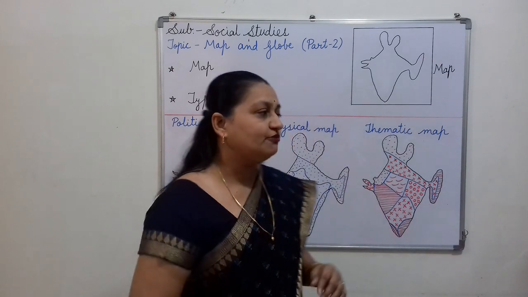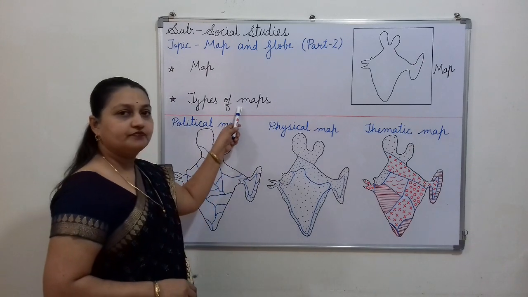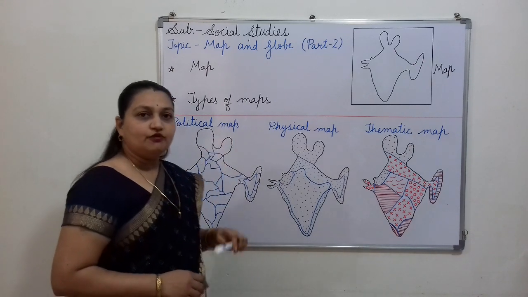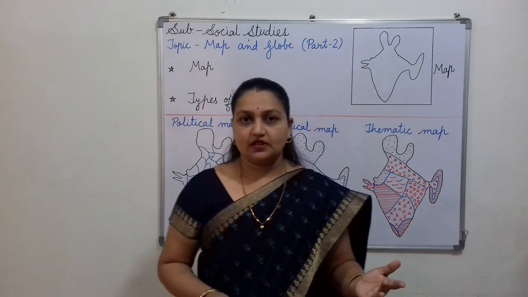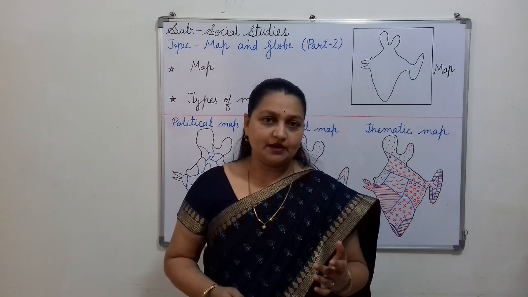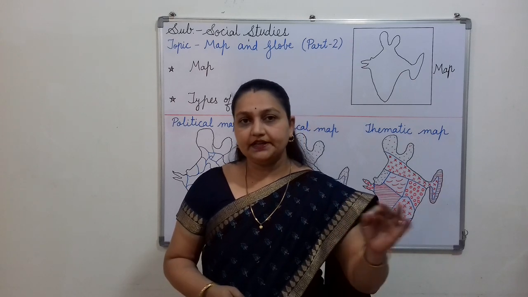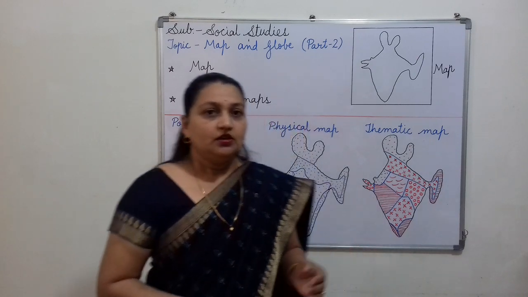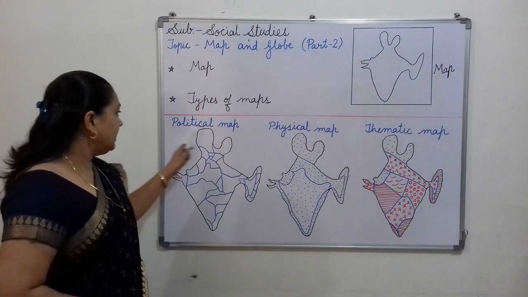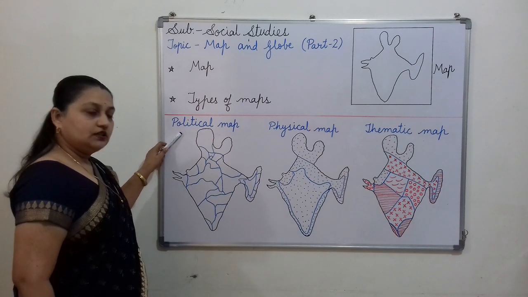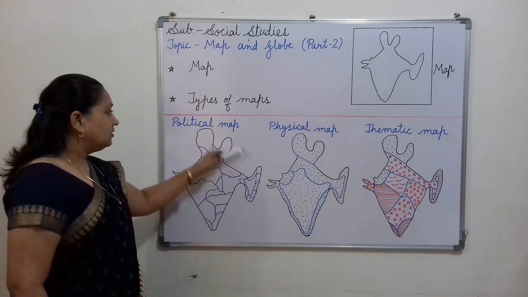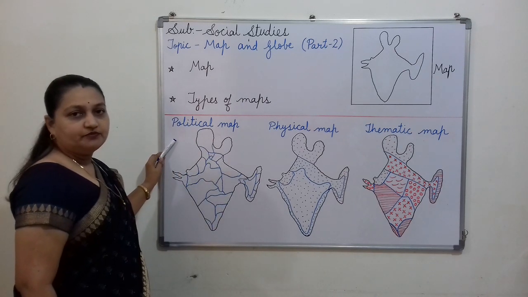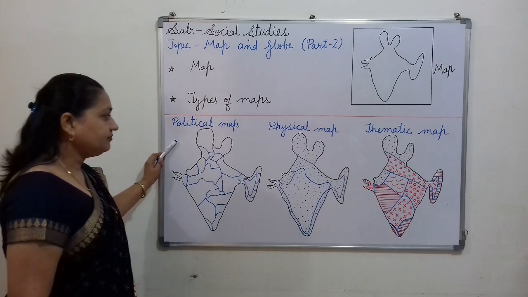Now the types of maps. Maps are of different types, and each type of map gives a particular kind of information. So here is the figure of a political map of India.